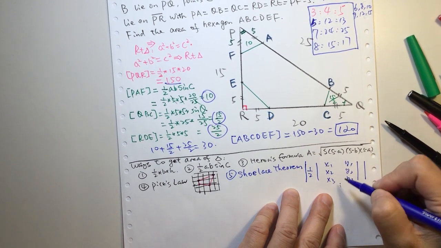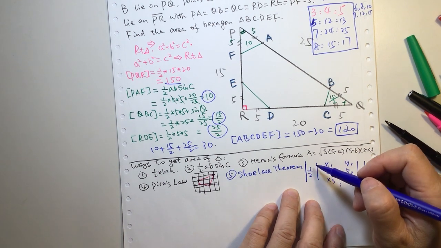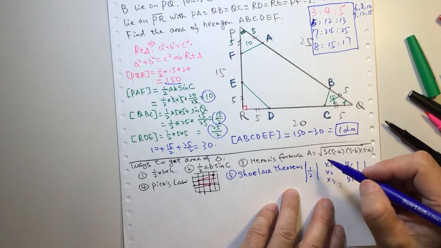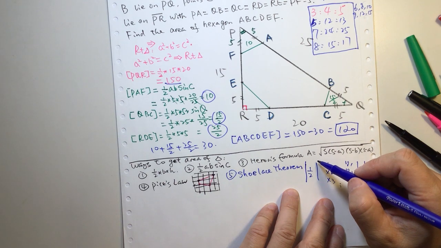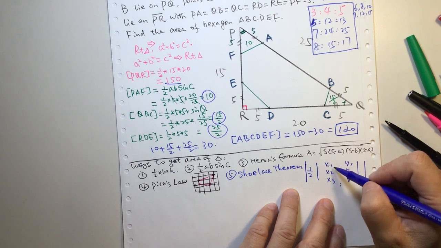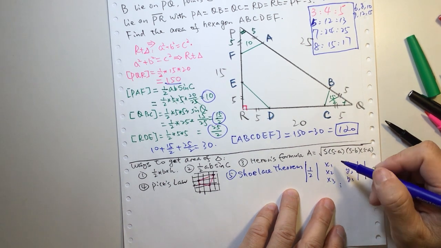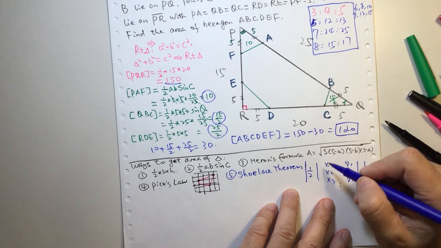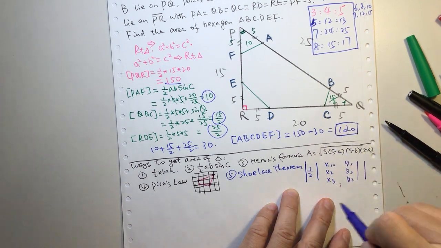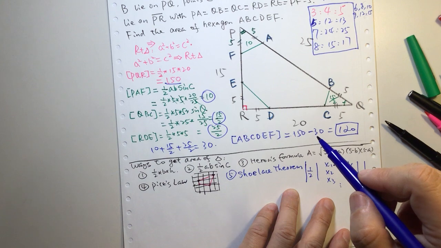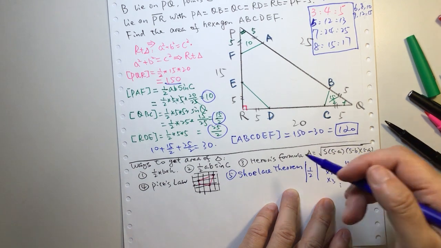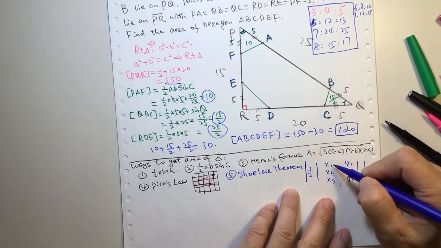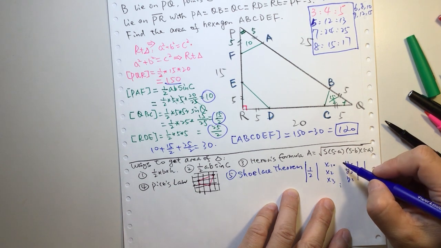It's not just for calculating the area of a triangle. It can calculate any convex polygon area. You just go in one orientation, so you can count clockwise or counterclockwise.